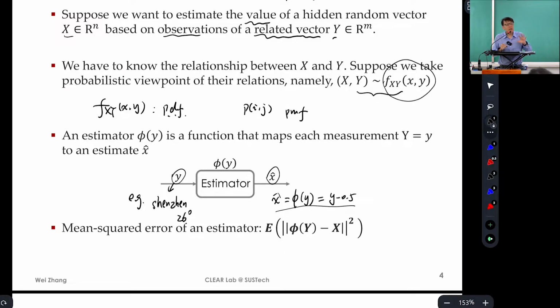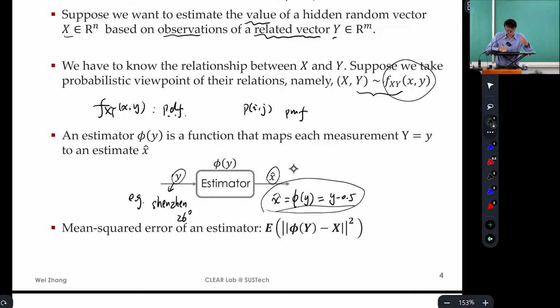This will give me an estimator of Guangzhou's temperature, x hat, in relation to Shenzhen temperature, which is what I can directly measure here. For example, I can only measure my current location temperature here in SUSTech. Then I want to use that measurement to guess. Suppose I don't have internet, I can guess Guangzhou's temperature today, and the rule of this guess is y minus 0.5.